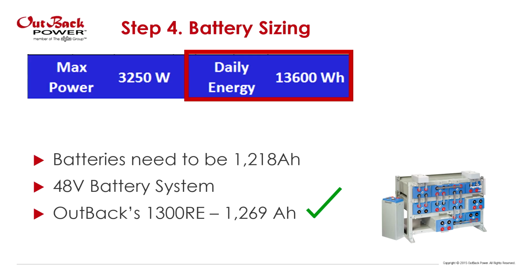Generally, some people use the 20-hour number, or they might use the 24-hour number, depending on their days of autonomy, and that's fine. It's a lot more conservative. Remember, the higher this number is, the more capacity you have, because the faster you discharge your battery. So this is assuming you're discharging 100% of your batteries in 48 hours.